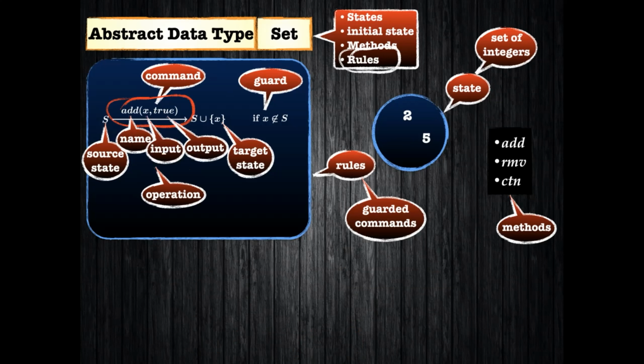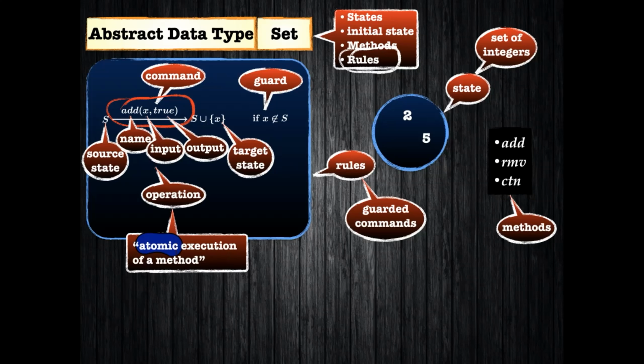This is one of the methods for the set. You have some input value that you give. You get some output, say from the abstract data type or from the program later, which tells you, for instance, whether the operation has been successful or not. In the process, you change the state according to the rule. In this case, the rule tells me that I should change the state by adding X or taking the union with a singleton X.